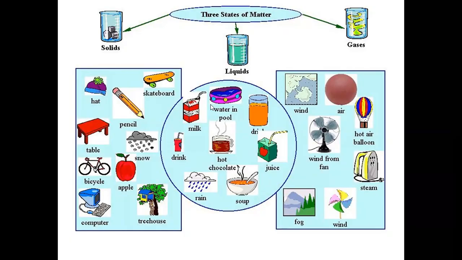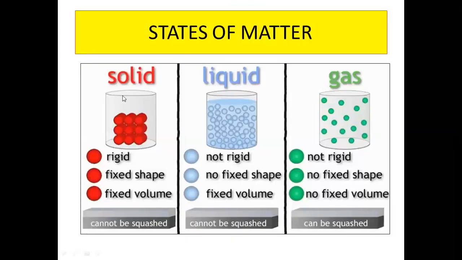Moving ahead, we have a brief introduction to what a solid is, what a liquid is, and what a gas is. My dear students, let us talk about solid first. In this picture, the first picture is of solid, and the red color balls are the molecules indicating the solids.